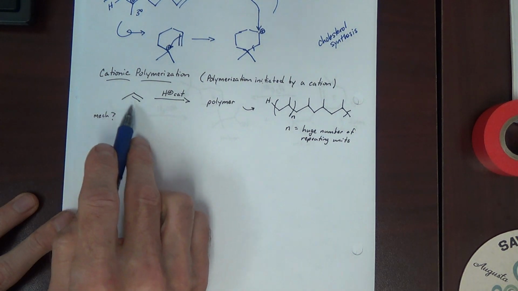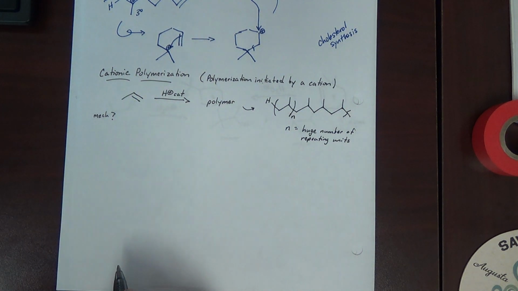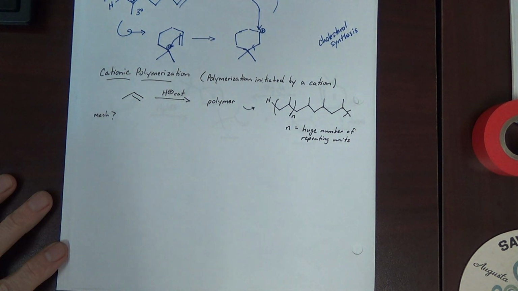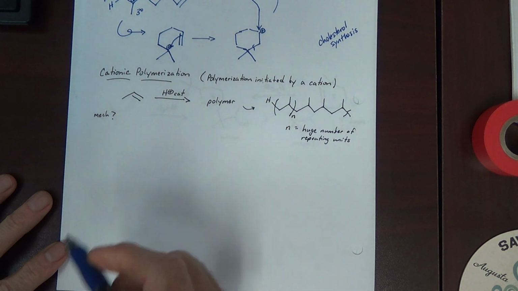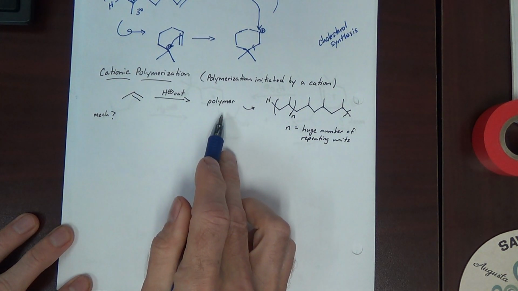If you take this alkene, very simple alkene, what is that? That looks like 1-propene. Actually, you don't need the 1 because there's no such thing as 2-propene. So if you take propene and react it with an H plus catalyst, you can get a polymer.